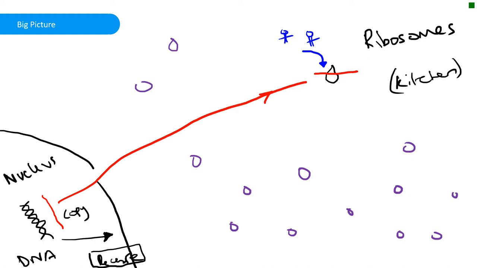So as this code is read, as the recipe is read, our little chefs grab hold of the right ingredient based on what it codes for, and they bring those ingredients to the ribosome in the right order to make the protein that the cell wants.